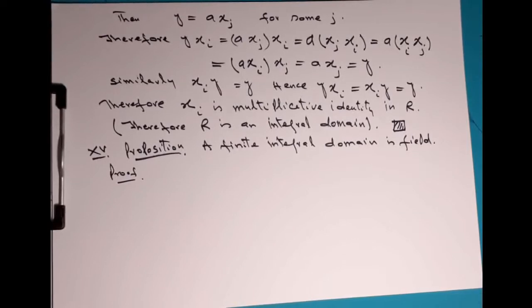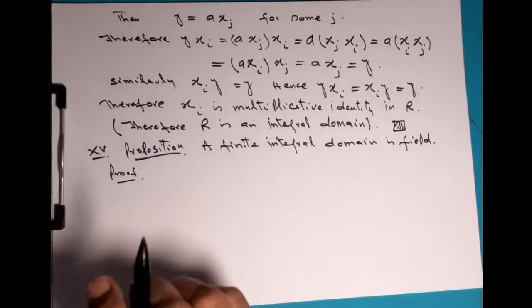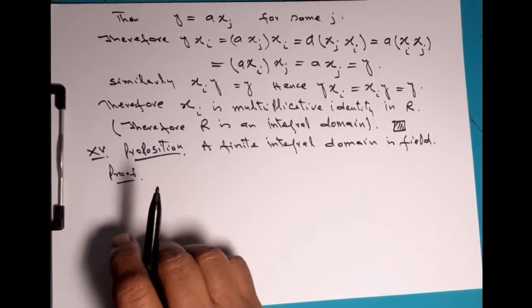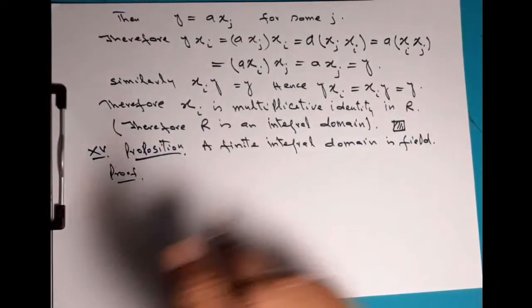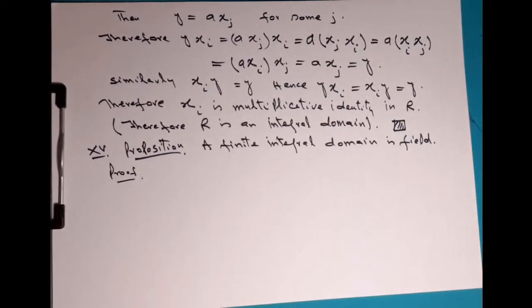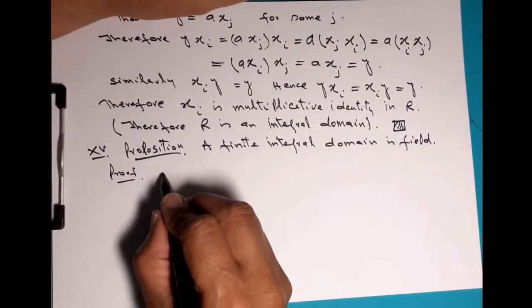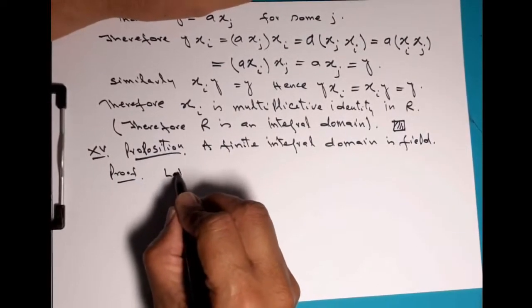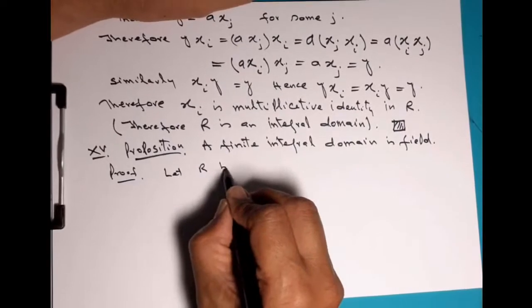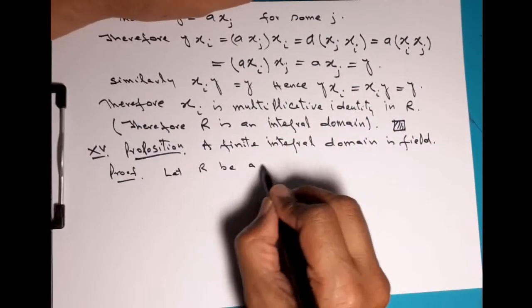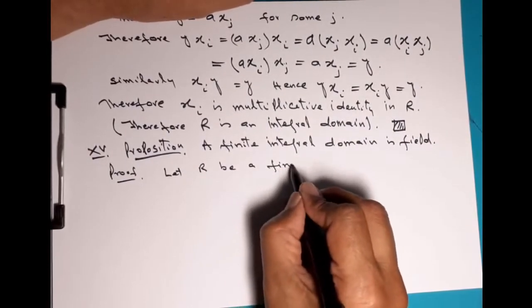In an integral domain we do not require multiplicative inverses for non-zero elements, but in a field non-zero elements are invertible with respect to multiplication. So let R be a finite integral domain.